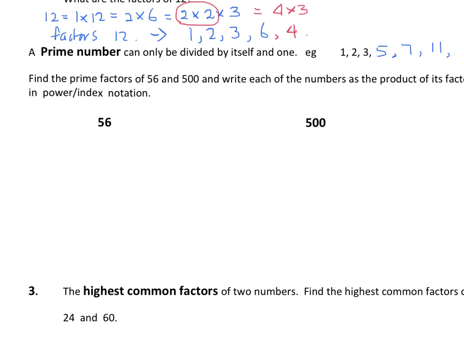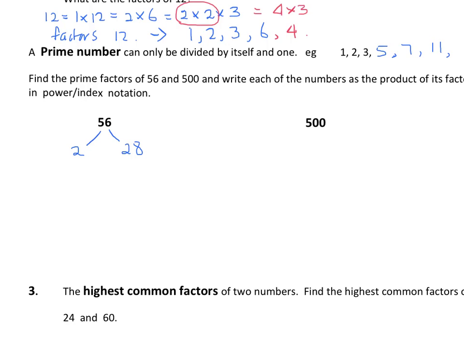I begin by looking at the prime numbers only. I know that 1 times 56 is 56, but that doesn't really get me anywhere. So let's now look at the next prime number, which is 2. Does 2 divide into 56? It does. 2 times 28 is equal to 56.